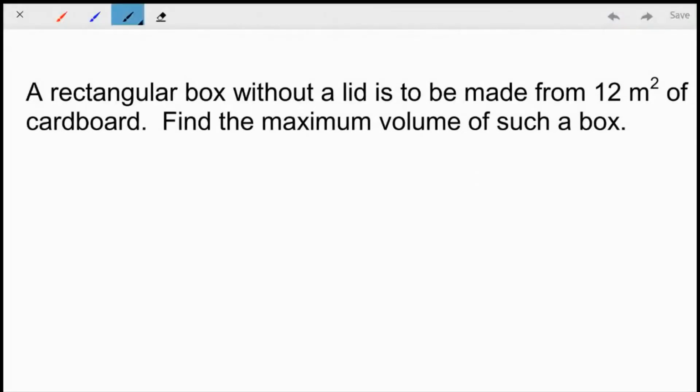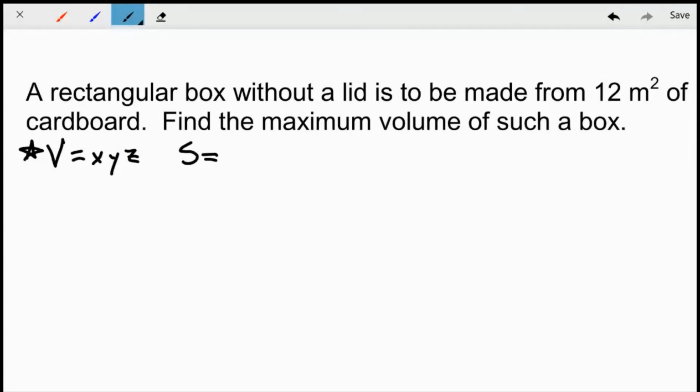Okay, so I'm going to start by writing my function. I'm just going to use x, y, z. If you wanted to, you could draw a diagram here, but we'll just assume x, y, z are the 3 dimensions of the box. This is the function I'm trying to optimize. My constraint function, I'm just going to call it s, and that's a function of x, y, and z.